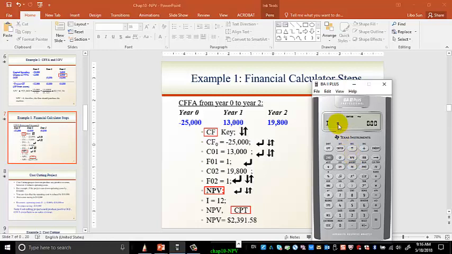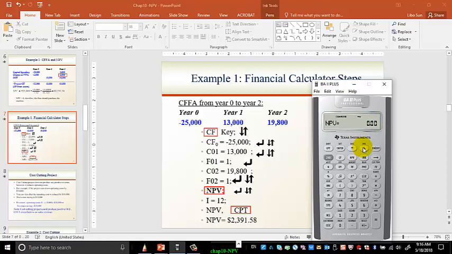It asks you to enter the discount rate. In this case, the discount is 12%. So we enter 12. Click on enter. Please do not enter 0.12. They only want you to have the number before the percentage.